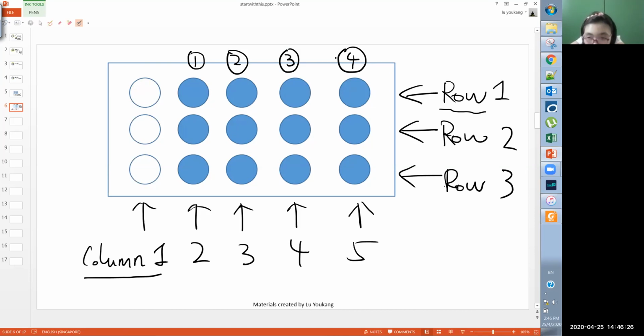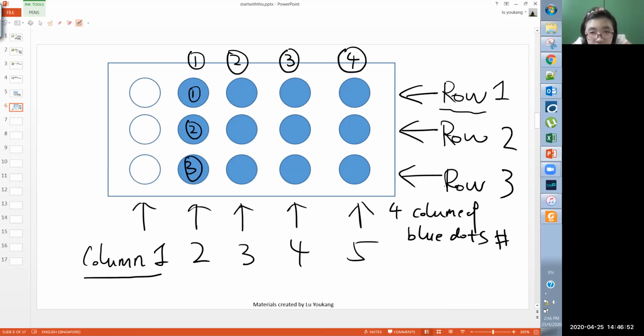We have 4 columns of blue dots, right? And then in each column, how many blue dots do we have? We have 1, 2, and 3. So each column has 3. So 4 columns, each column is 3. So in total we have 12.